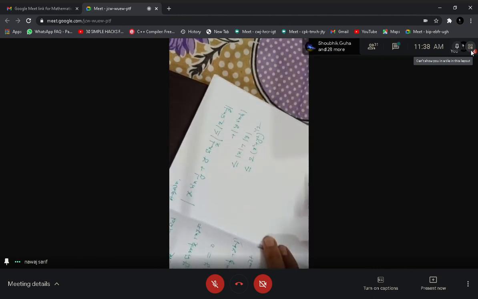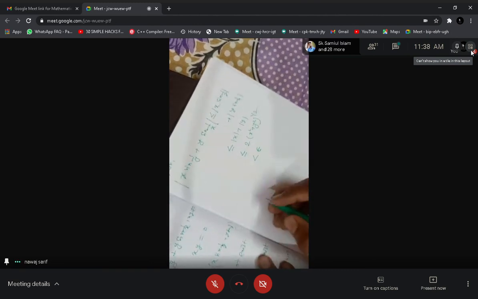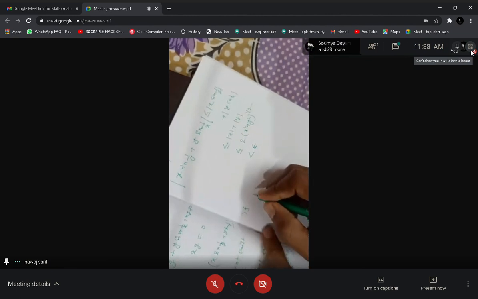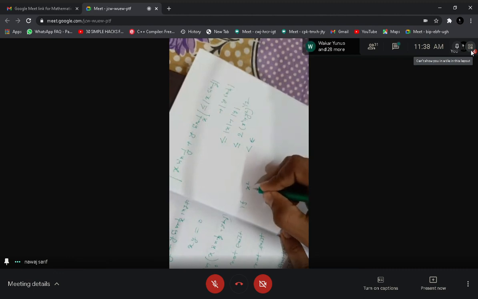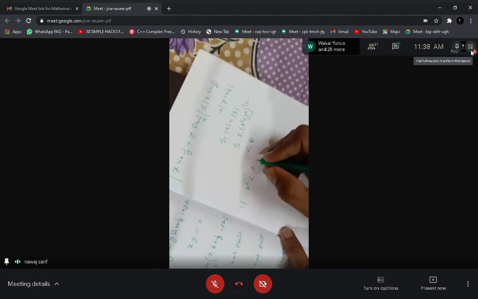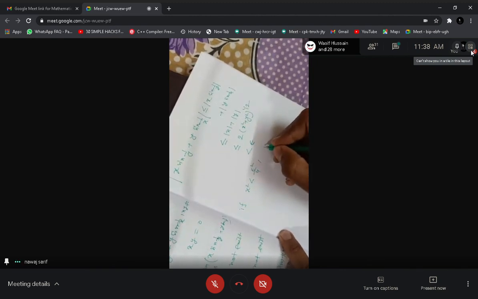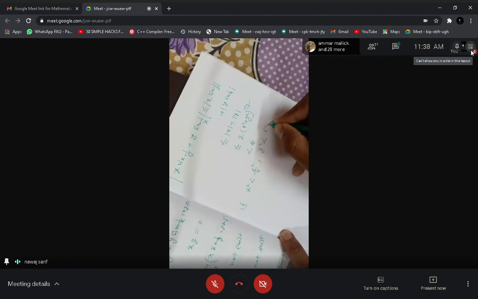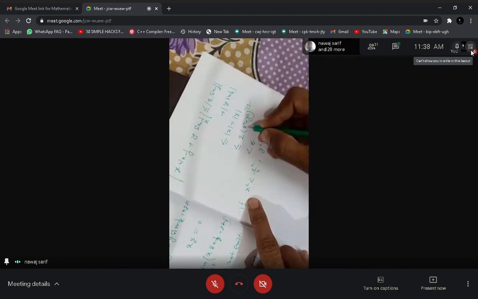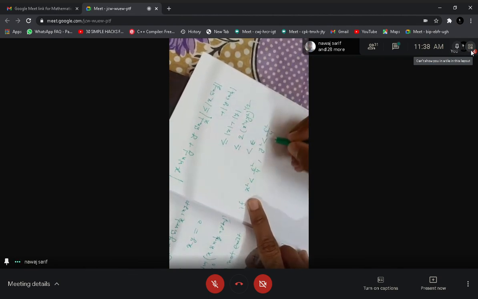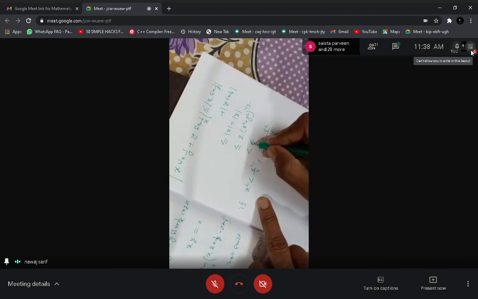So this will be less than epsilon if x square is less than epsilon square by 4 and y square is less than epsilon square by 4. If x square is less than epsilon square by 4, then this is epsilon by 2, and y square less than epsilon square by 4 gives epsilon by 2, so the 2 cancels out, so this will be epsilon.